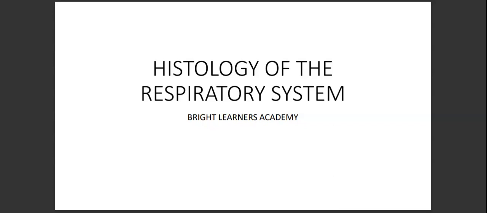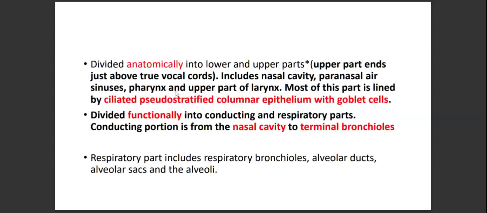So this respiratory system is divided anatomically into the lower and upper parts. The upper part ends just above the true vocal folds. It is very important to emphasize that it ends just above the true vocal folds because we also have the false vocal folds. So it includes the nasal cavity, the paranasal air sinuses, the pharynx, and upper part of the larynx.